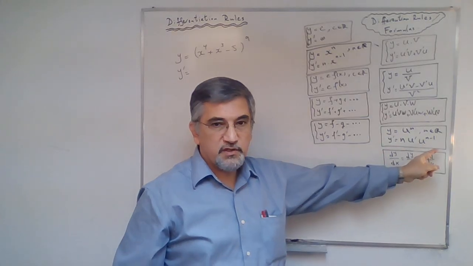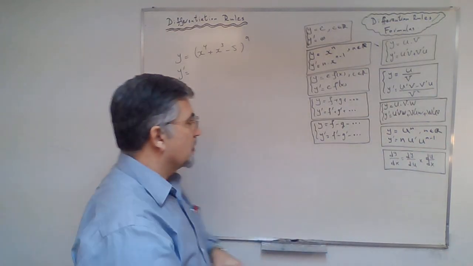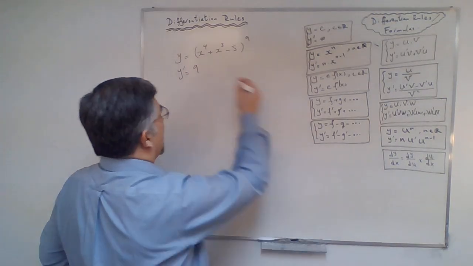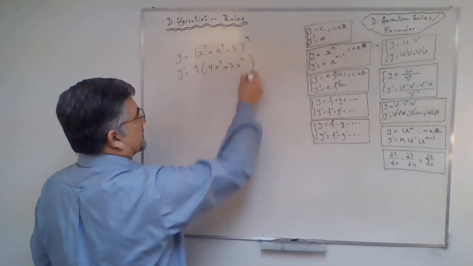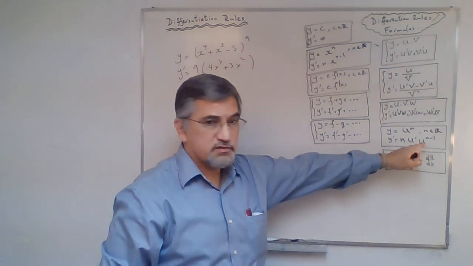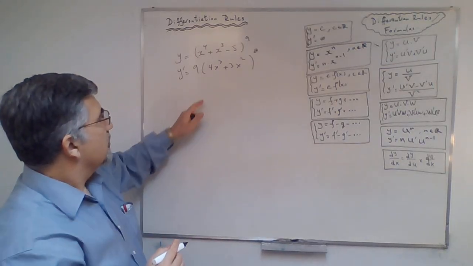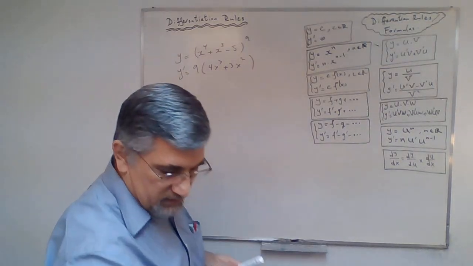So following the formula, the answer would be n u prime u to the exponent of n minus 1. And n here is 9, and u prime is going to be 4x cubed plus 3x squared. And the exponent n minus 1 would be 8, obviously. Sorry, I forgot to write the u.